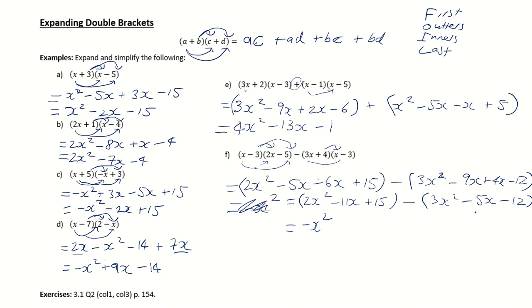So if we were to expand this out, this is a negative 1. Negative 1 times negative 5 is positive 5x. So it's minus 11x plus 5x, because a negative times a negative is a positive. So negative 11x plus 5x is negative 6x. And then 15 take negative 12. So this is actually really negative 1 times negative 12, which is positive 12. So 15 plus 12 is 27.